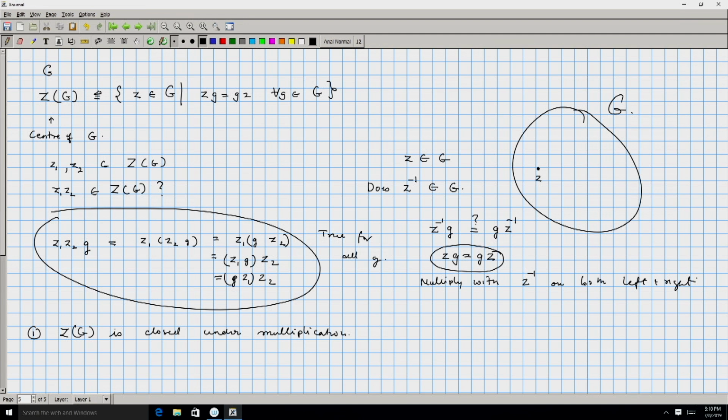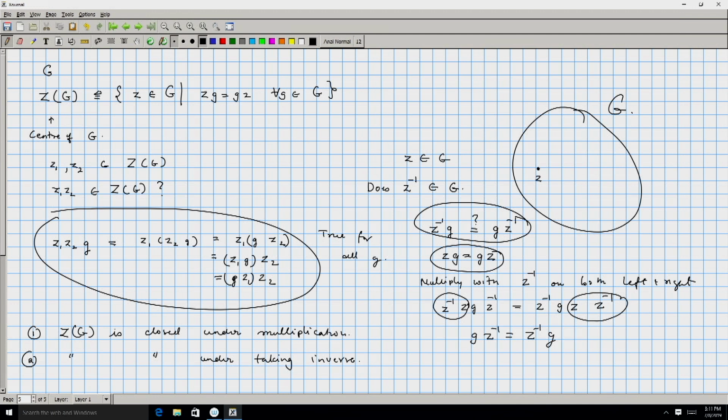So, if you multiply both sides with z inverse, what you get is z inverse z g z inverse is equal to z inverse g z z inverse. Now, these combine to give identity and this also combines to give identity, and therefore, you get g z inverse is equal to z inverse g, and that is what we wanted at the start, and that is the same as this equation. So, Z(G) has this additional property that it is closed under taking inverses.